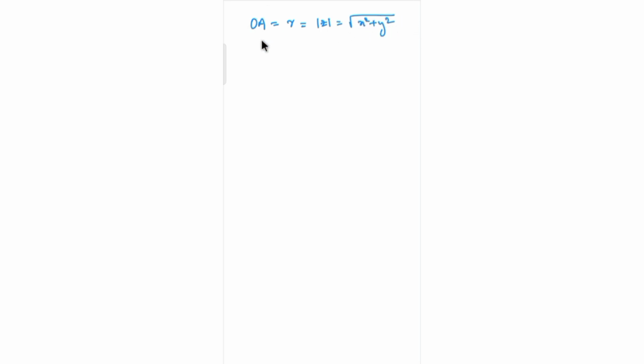And this is the significance of the distance r, and theta is known as the argument or amplitude of z. It is defined as theta is equal to tan inverse of y by x.